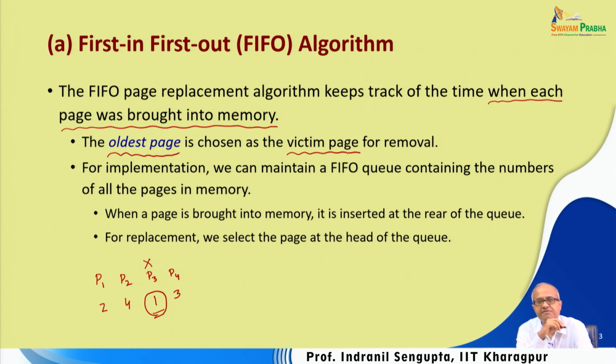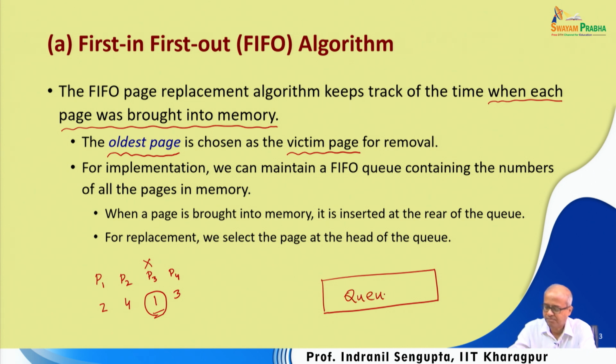To implement this FIFO algorithm, you can simply have a queue data structure. You can implement this in hardware also, with a hardware queue, or you can also implement the queue in software, no problem. Whenever a new page is brought in, that page number will be entered in the queue, and when you want to select a victim, you select the one at the other end of the queue.